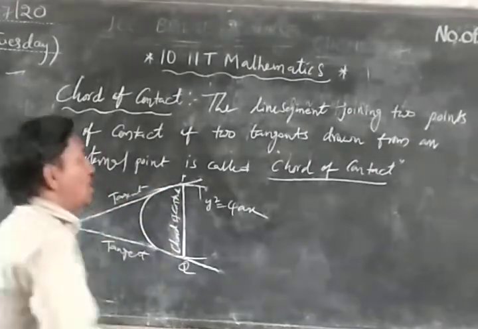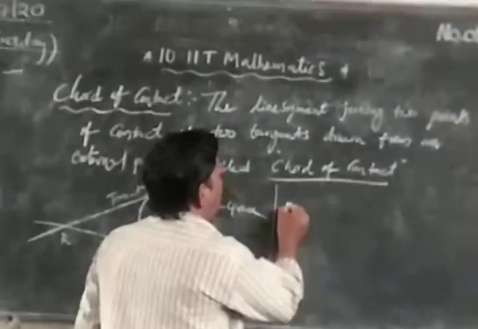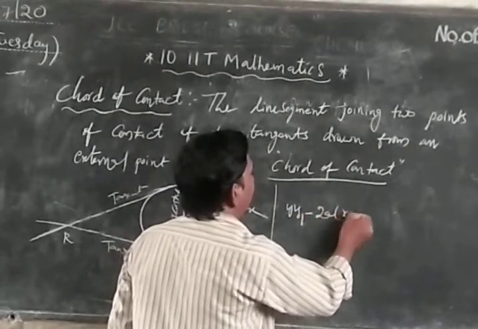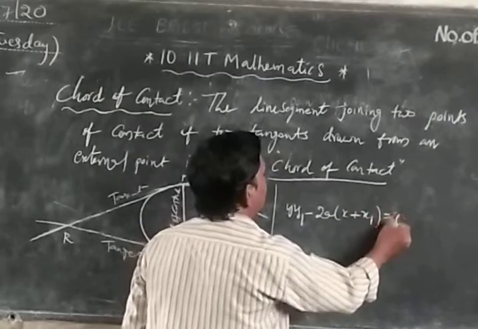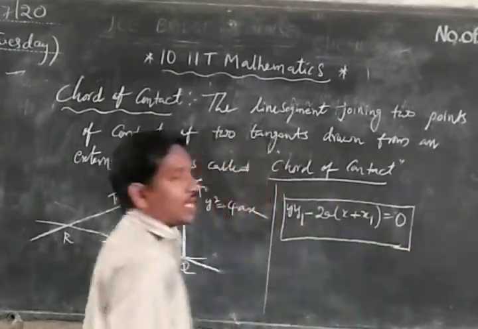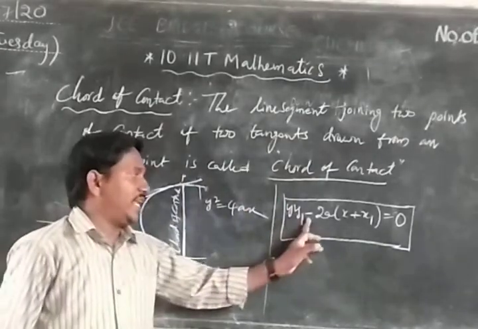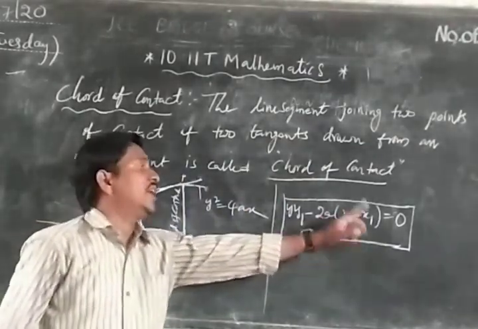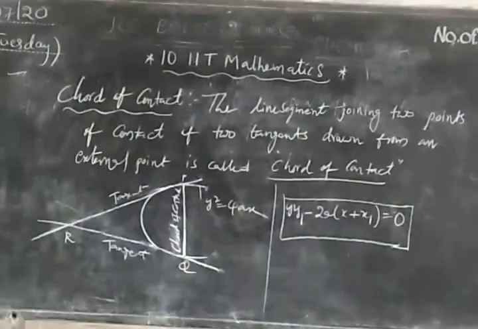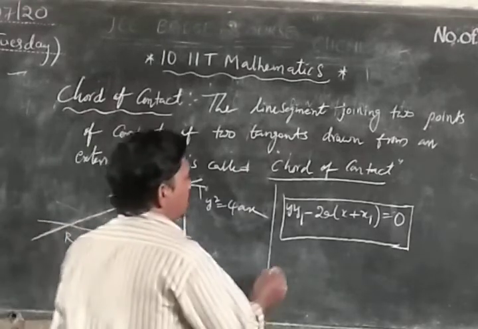Chord of contact. That is y1 minus 2a into x plus x1 equal to 0. This is chord of contact. So we have S1 equal to 0.